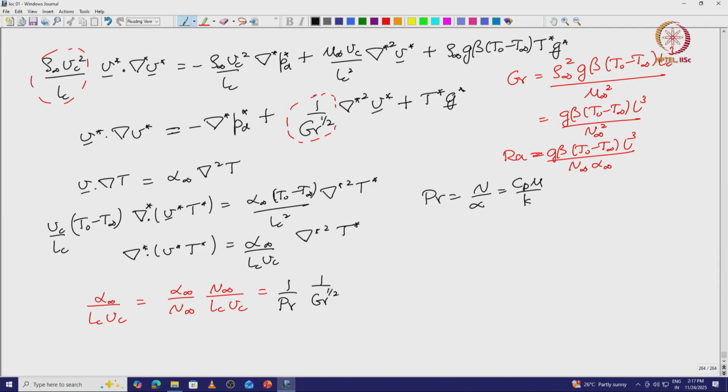Grashof number to the half is the Reynolds number, as I told you, based upon the characteristic length, characteristic velocity and the kinematic viscosity. So, this is 1 over Prandtl number times Grashof number to the half power.